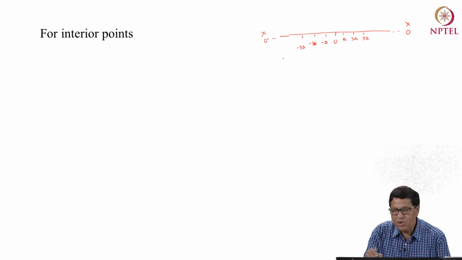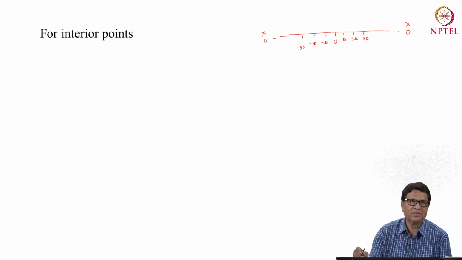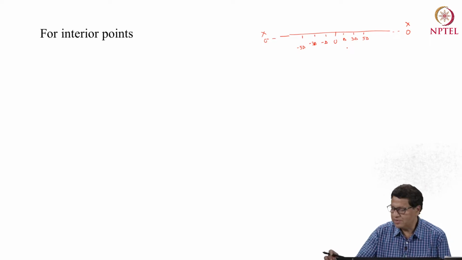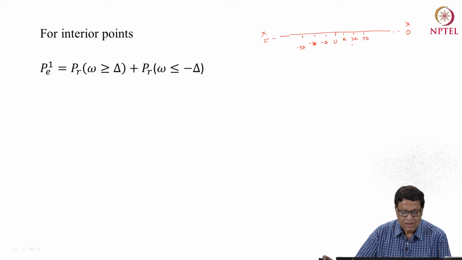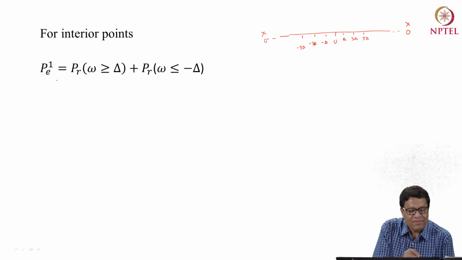But right now I am trying to calculate the probability of error for constellation points which are in the interior. That is, excluding the endpoints, all points are actually similar. So you can calculate for one and then you can get the total probability of error. So I'm trying to calculate for interior points, which I called probability of error 1.